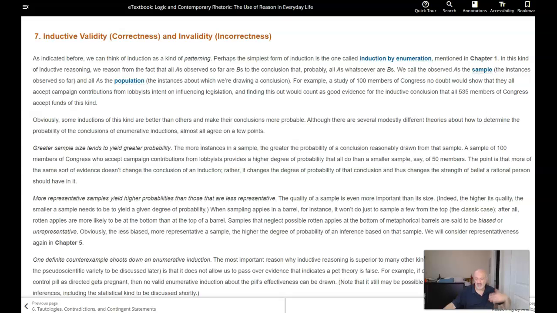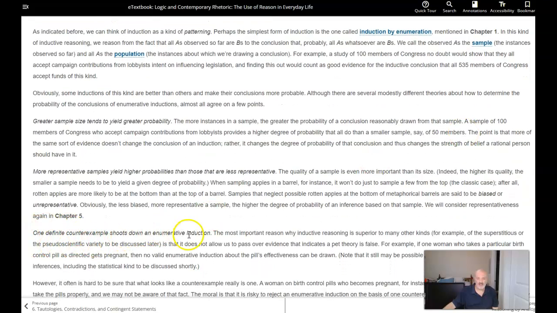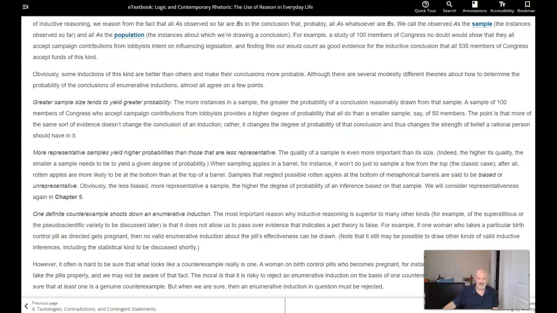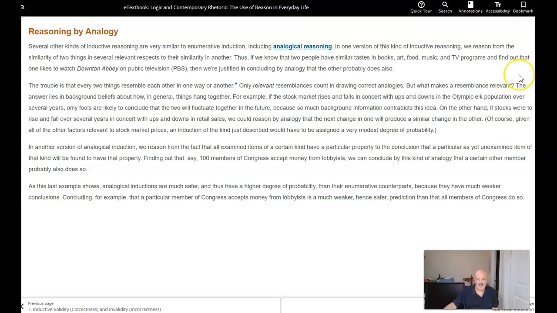So we enumerate, continue to count, everything fits that mold, so the next one will. It says here, one definite counterexample shoots down an enumerative induction. And then they go on to discuss analogy, and the difference between these two is what you're being asked in question 1 of the quiz.